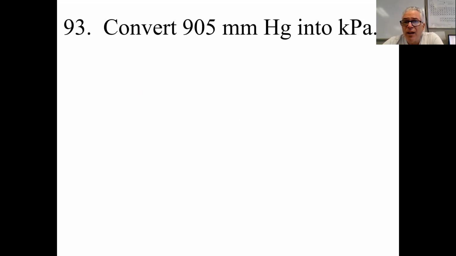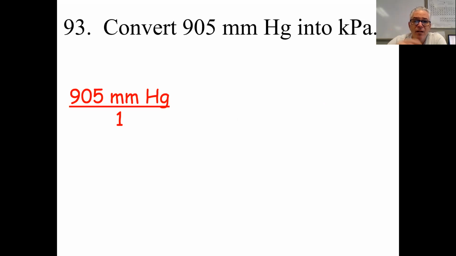905 millimeters of mercury. We can convert this into kPa also. Our starting point is millimeters of mercury. Put it over 1. Now, I know, because I wrote it down, 760 millimeters of mercury is equal to 101.3 kPa. They're equal, so if we put them in a fraction, it equals 1.